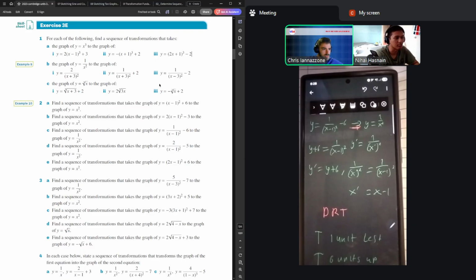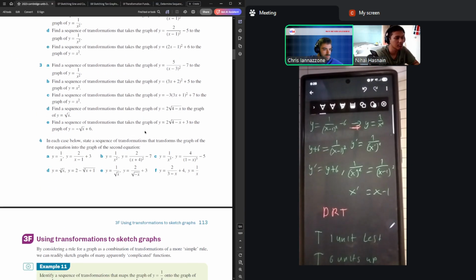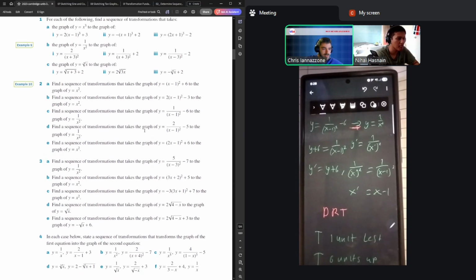So it's fairly chill, as long as you've got the main difference, which is if you're applying or finding the image, the rule of the image, however they write it. That's one procedure. We didn't touch on much of that today. We touched on more when you have just the functions themselves and you're told to figure out how to go from one to the other.